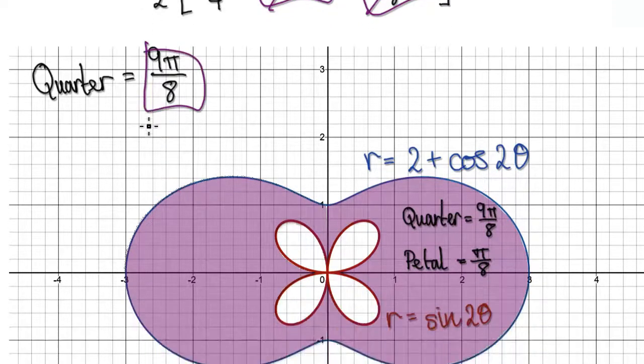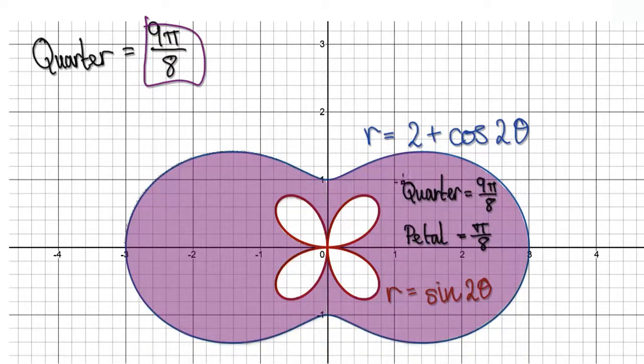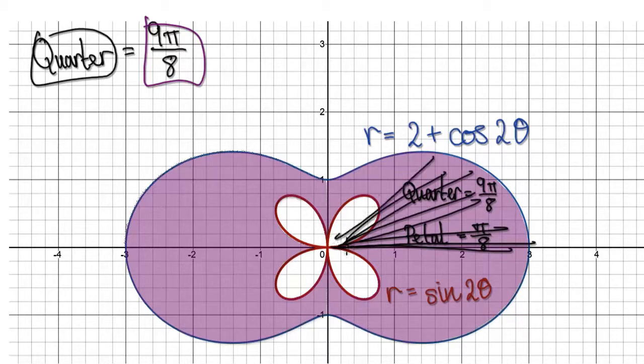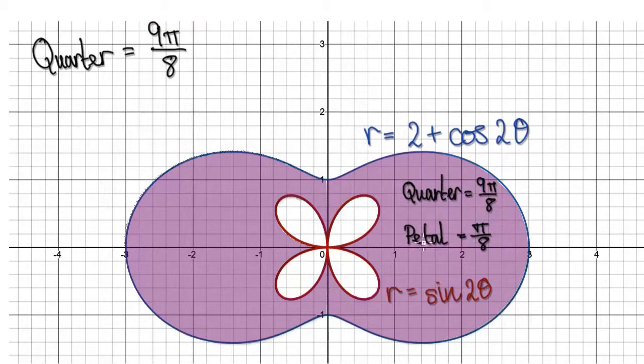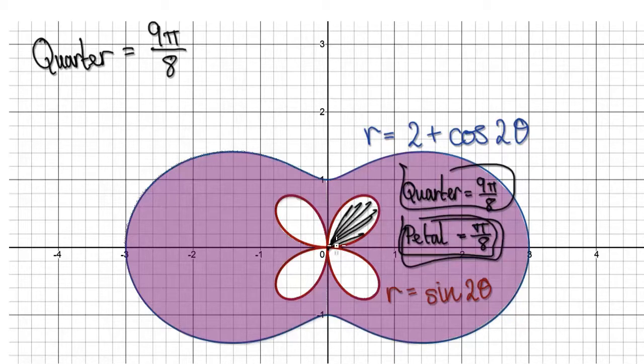Wait there, let me just rephrase. This quarter thing here is this whole area here. And then we need to get that and take away the area of the petal. So the petal is given by this.